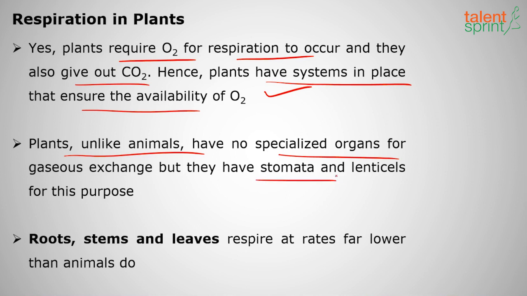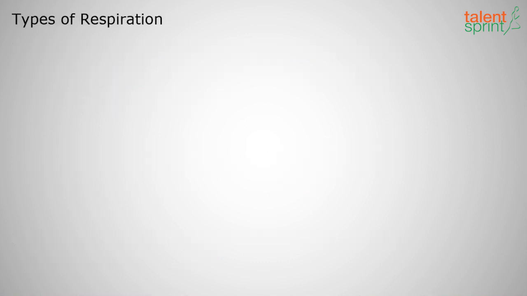But they have stomata. I've already told you in photosynthesis, stomata are pores for this purpose, for respiration to occur. Not only leaves but roots and stems all perform respiration, but at a slower rate than animals.